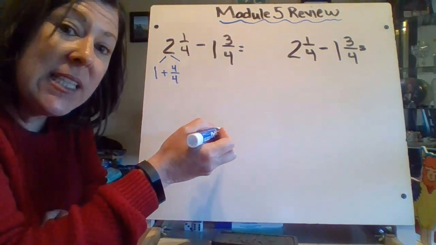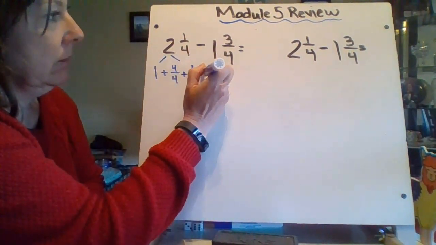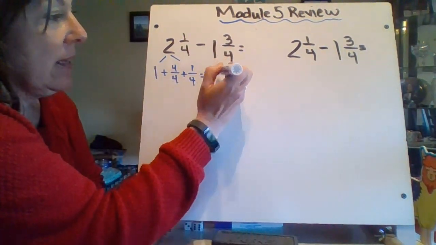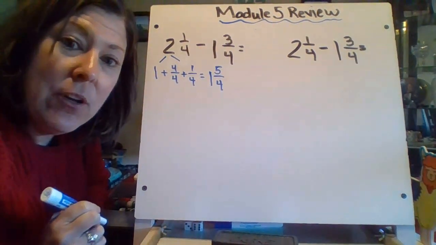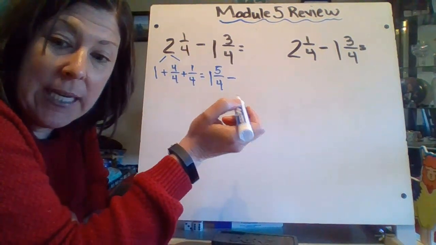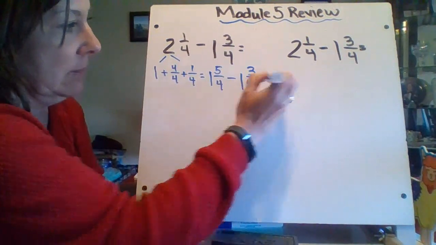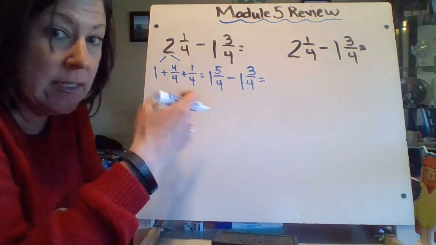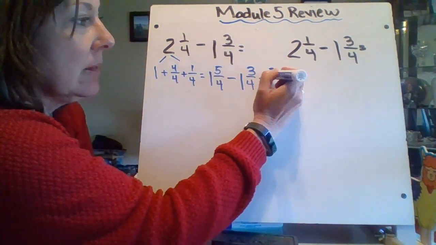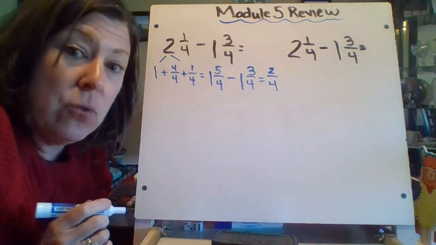But then I still have this extra 1/4, which gives me 1 and 5/4. Now I have enough to take away. 1 minus 1 is nothing. 5 minus 3 is 2/4. So my final answer is 2/4.